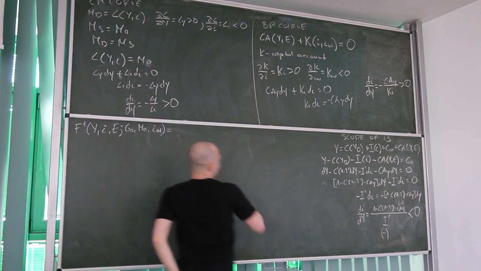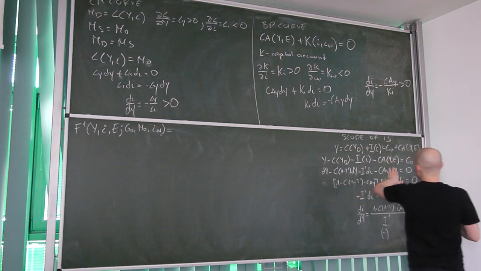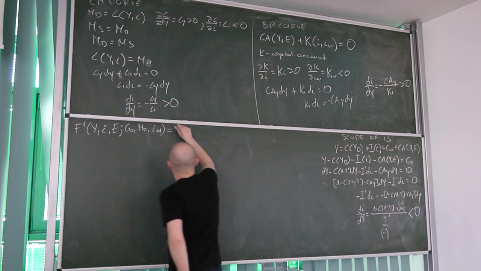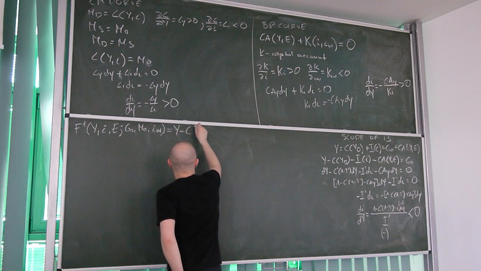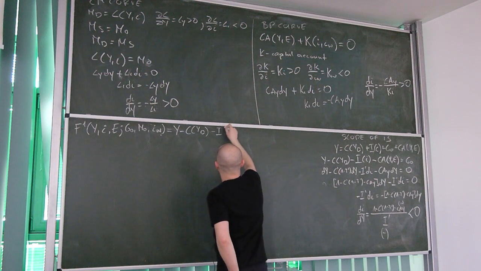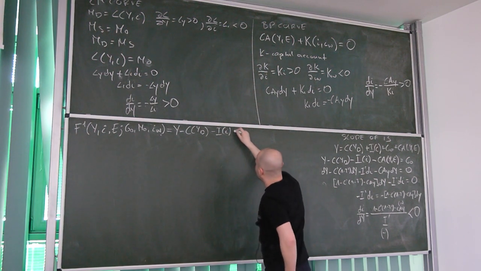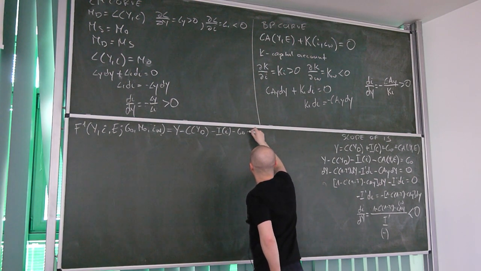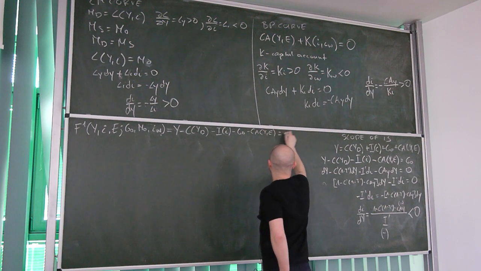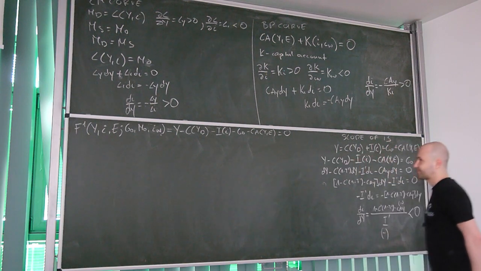First we go through the IS equation. Already moving everything to the left hand side, we get y minus C(y minus T) minus I(i) minus g0 minus CA(y, e) equals 0.